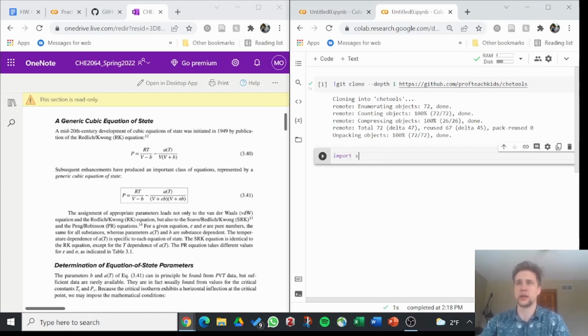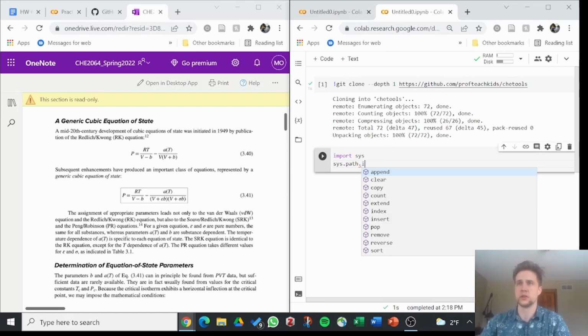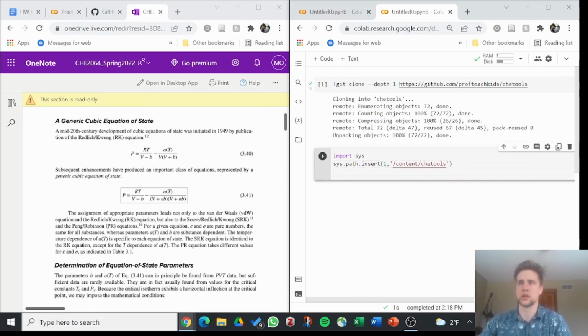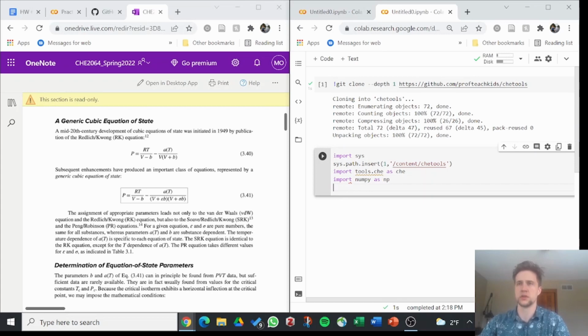We're grabbing what we've just uploaded, and next, let's grab those tools. I'm going to type it out as CHE, so I have to type it in every time. And NumPy as NP.